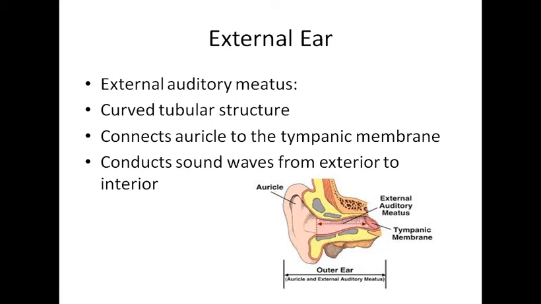The significance of this canal is to conduct the sound waves from the external environment toward the inner ear. What was the pinna doing? It was collecting and conveying the sound to the auditory meatus, and now this meatus is also conveying the sound waves further inside, right?